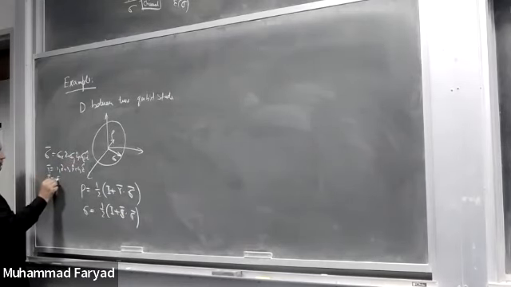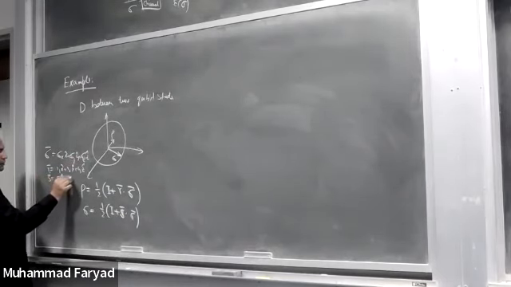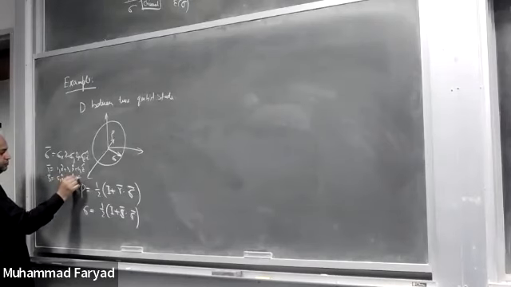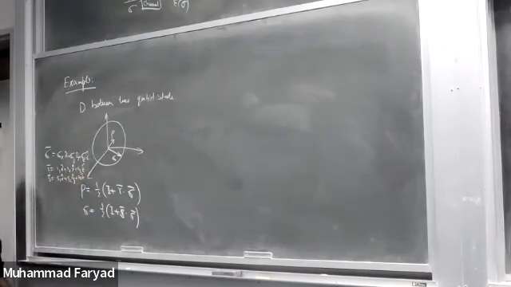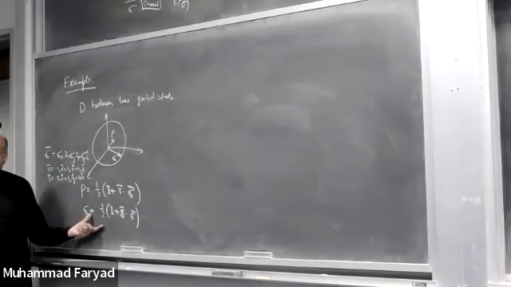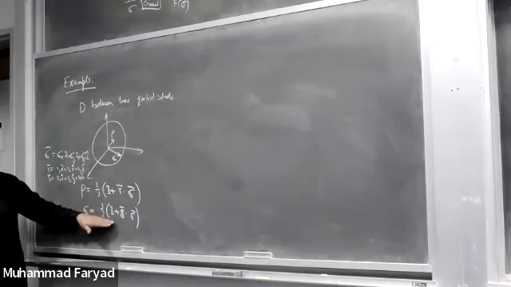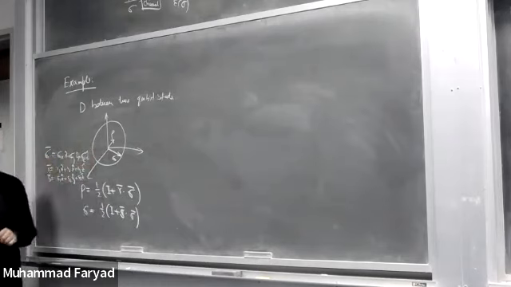Similarly, S vector is S1, S2, S3. Okay, so this is the representation for two states in the Bloch form.